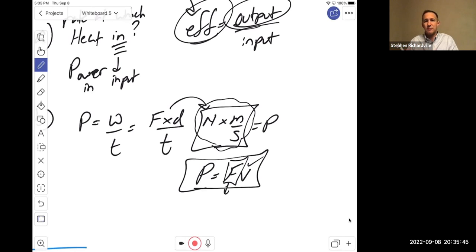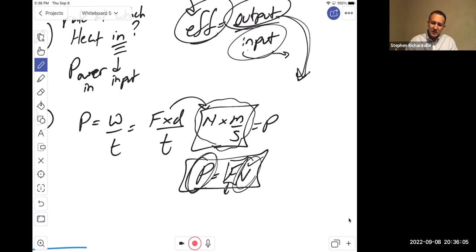So I don't know what the resistive power would be. That's a little bit funky, but it has to be equal to my output, not what I'm putting into the engine, because the input here includes heating up the engine, waste heat, and so on. But moving at a constant speed means my resistive forces equal my output. So find that output power, put that here, divide by velocity, and you've got force.